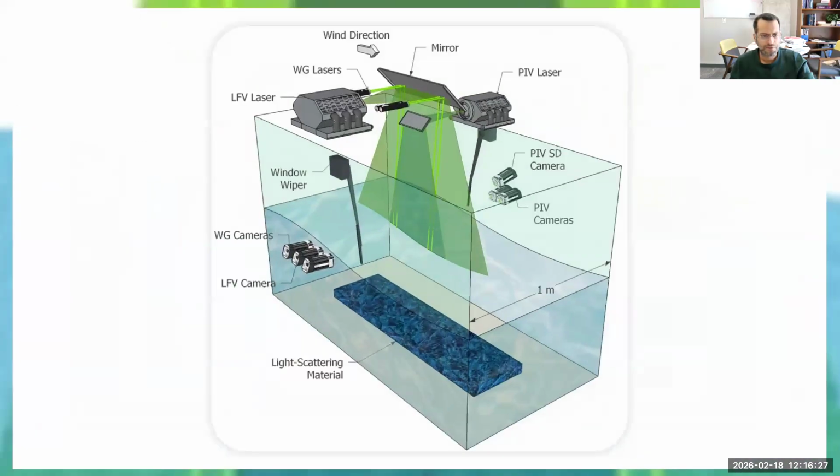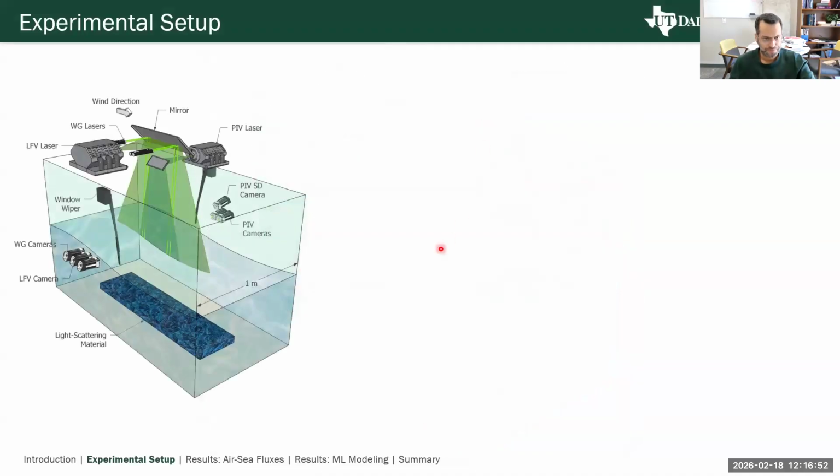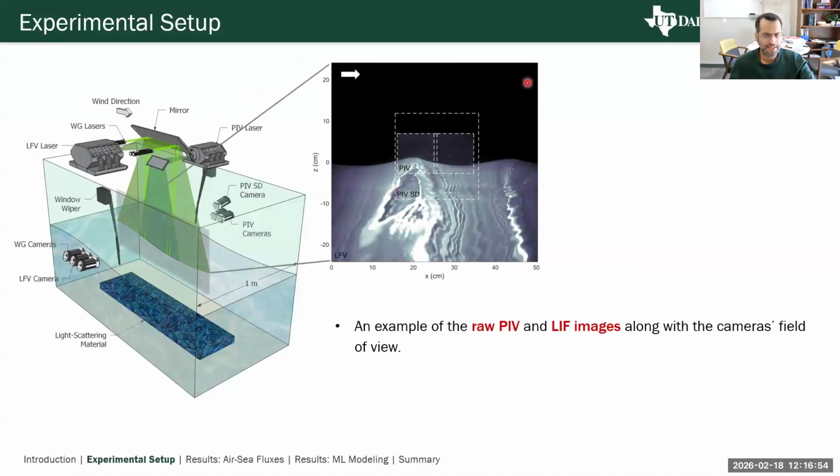Here is a closer look at our experimental flow visualization setup. We have a couple of different cameras and two lasers here. I'm not going into the detail of these things, but I just want to show what it takes to make these kinds of measurements and to look at the small-scale structure of the flow in the ocean or in the lab, in this case, over waves. What I would like to show is an example.